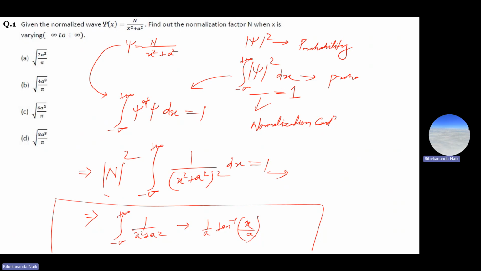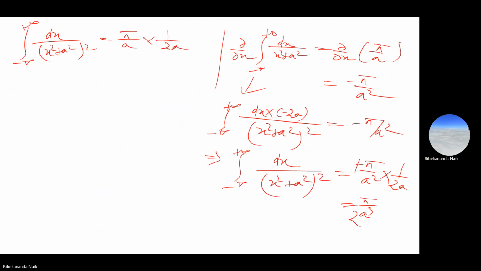So the left hand side of the equation now became minus pi by a square into minus 1 by 2a. So it became pi by 2a cube. Now there was another term, mod n square.